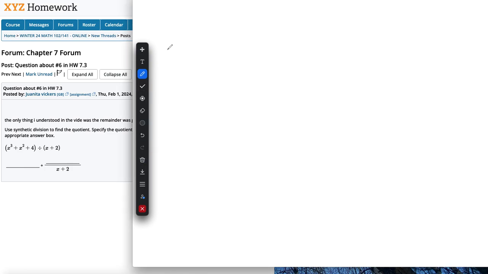Let me do one more. Let's say we had x minus 2 into x to the 4th plus 3x squared minus 5. So I'll do one with a few more missing terms. So this one, the zero would be 2.